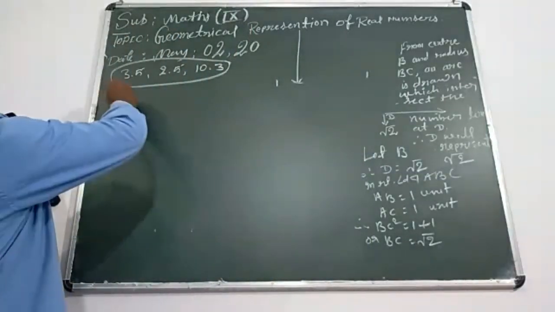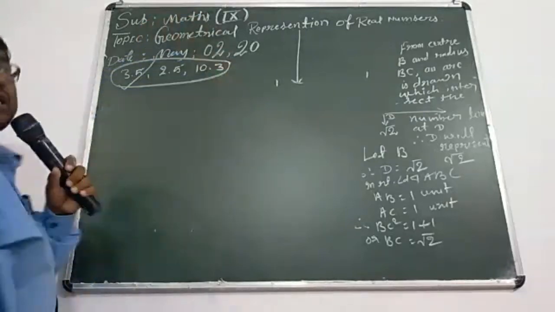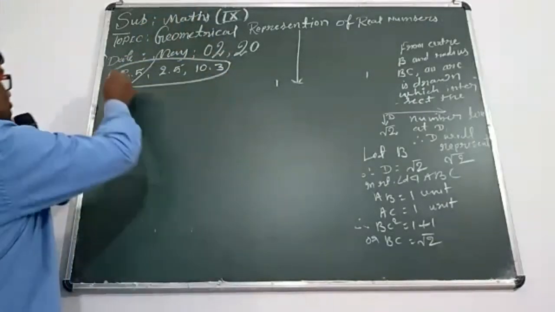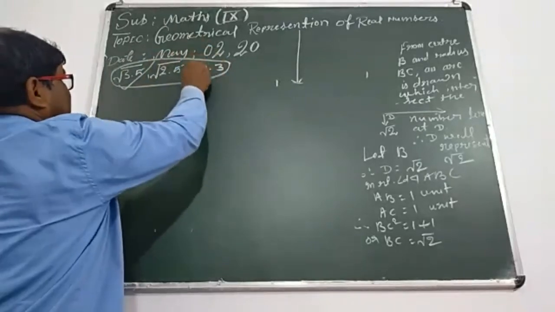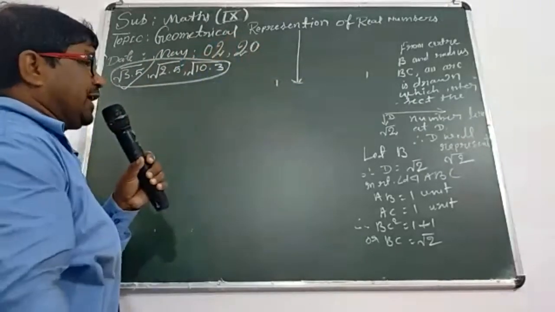Now student, we are starting with the first, under root 3.5, under root 2.5, under root 10.3.